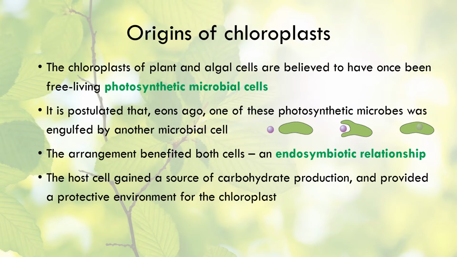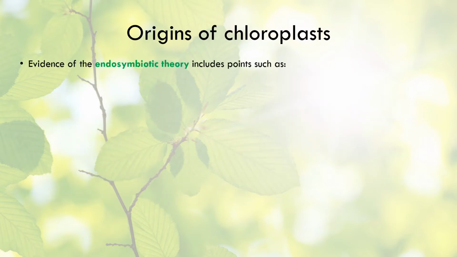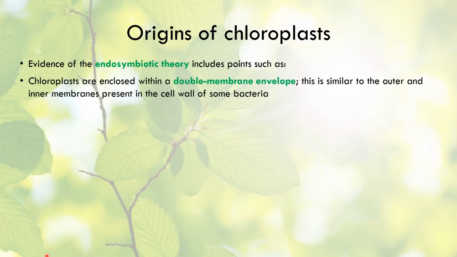Now we're looking at the origin of the chloroplast, and we've got evidence of what we call the endosymbiotic theory. One point is the double membrane envelope around this. It's similar to the outer and inner membranes of the cell wall of some bacteria.